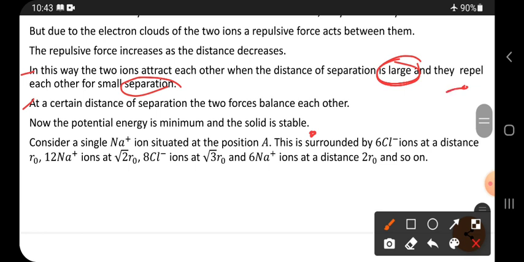When one ion comes nearer to the next ion, attraction increases. When they are very near to each other, instead of attraction, repulsion forces start. Where repulsion and attraction balance, the ions stop and form a bond.